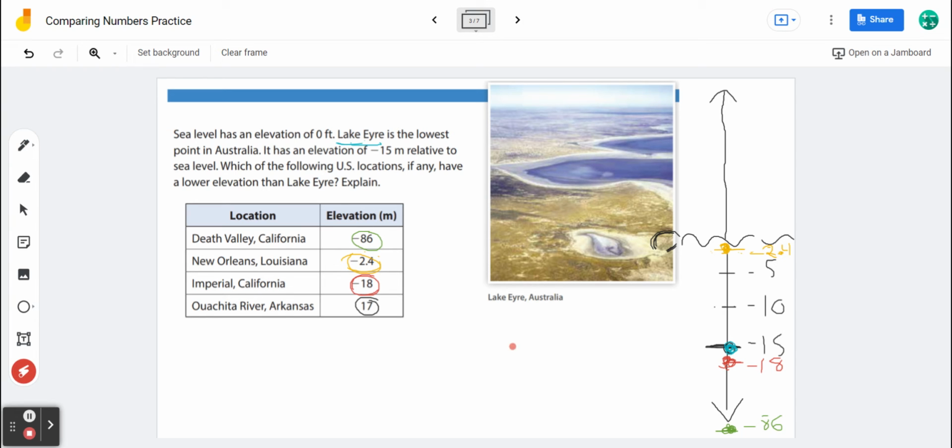And then the last one, Ouachita River in Arkansas. That has an elevation of positive 17. Since it does not have a sign, we say it's positive. Positive 17 means above sea level. Again, this is sea level. That river in Arkansas is going to be above. So it's going to be somewhere up here at positive 17.